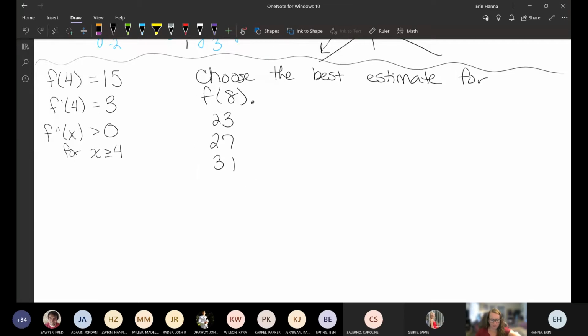So here's what will happen for this one. In section 2.3, I think, we found that way of estimating some value based off of the original function and the derivative at a certain point. So we could say that we can estimate f of 8 by taking f of 4 and adding on some of its derivative values.